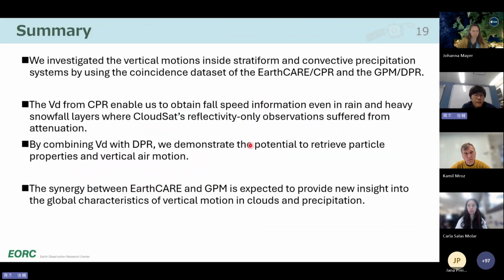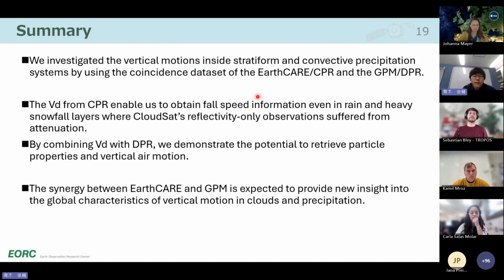Here's my summary. We investigated the vertical air motion inside a stratiform and convective precipitation system by using a coincidence dataset of EarthCARE and GPM. The velocity from CPR can tell us information even in rain and heavy snow layers, where reflectivity-only observations suffer from attenuation.